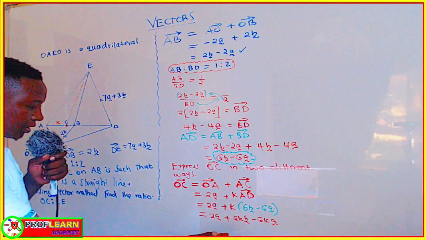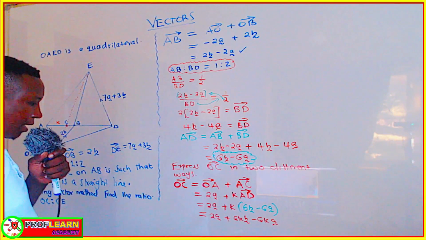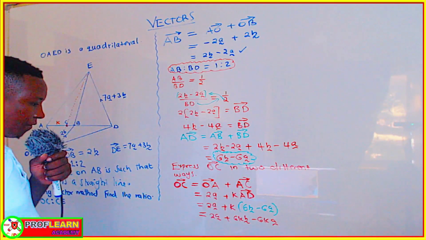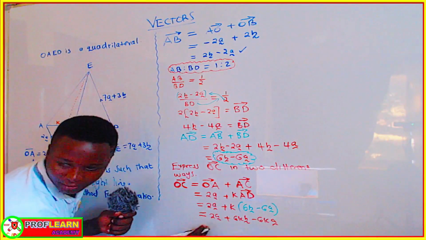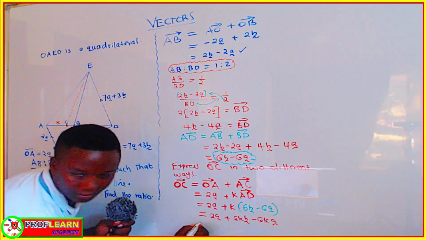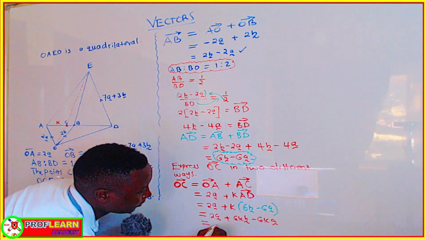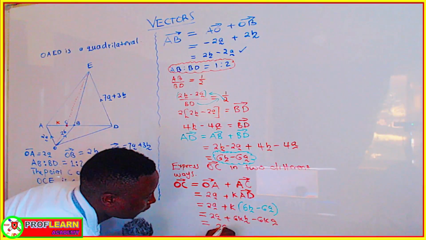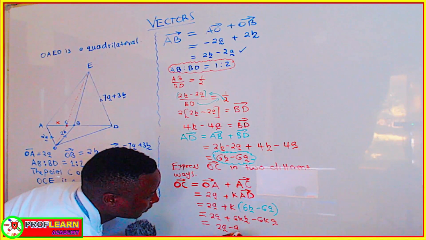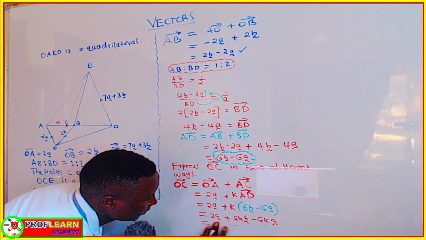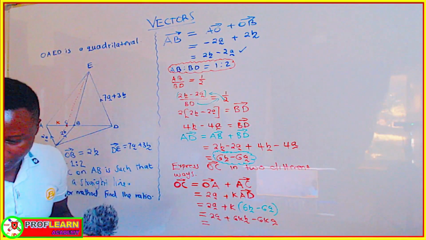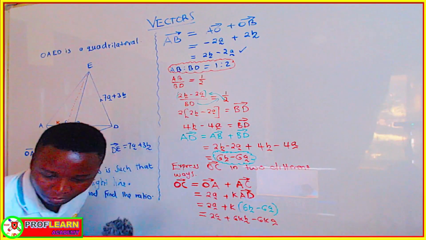And you can see I'm having vector A. I can combine this. Let me see if there's enough space to write here.